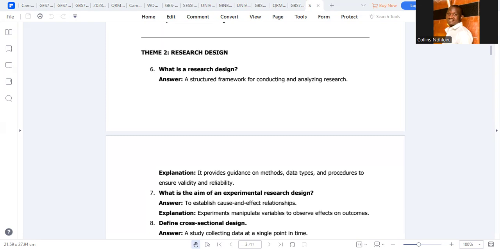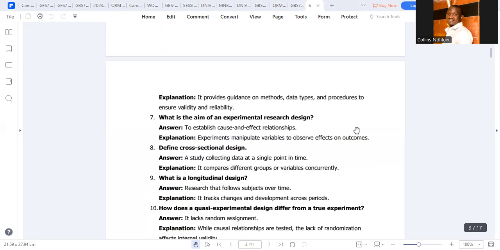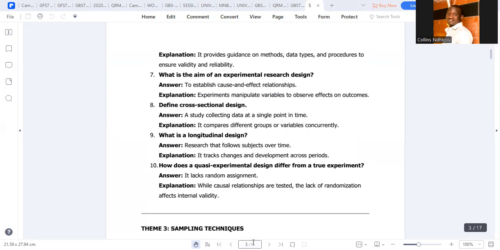Let's define what a cross-sectional research design is. Cross-sectional research is used when we want to collect data at a point in time. It involves gathering data from participants at a specific moment.